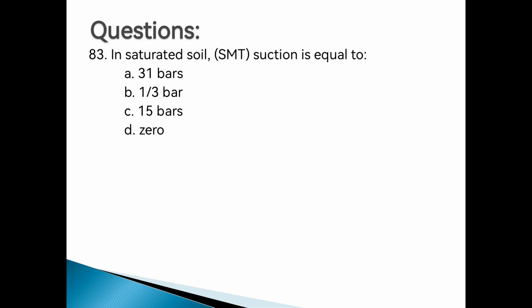Number 83. In saturated soil, the soil moisture tension or suction is equal to: A. 31 bars, B. 1/3 bar, C. 15 bars, D. 0. The correct answer is D.